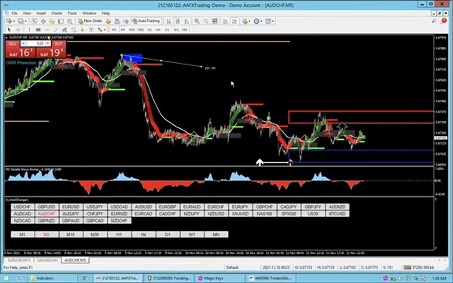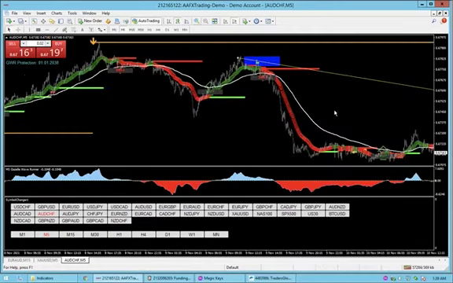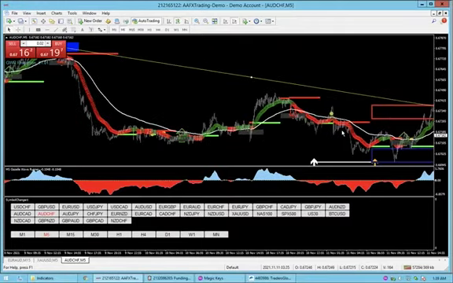Okay. Look at that. You see where this thing connects? It hit right at the top of this sell zone box.